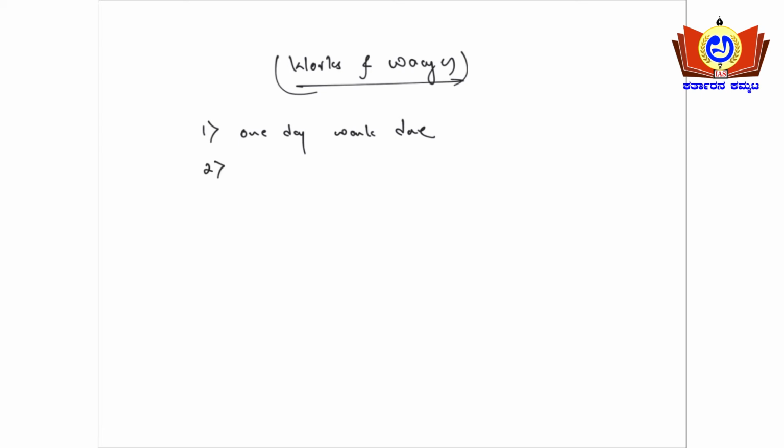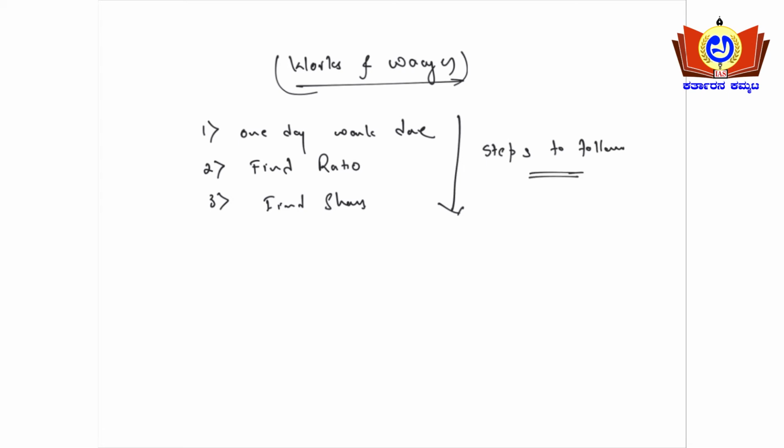Second, you need to find the ratio. Third, you need to find the share. These are the steps you need to follow while solving the problem, and you will get exact clarity here.